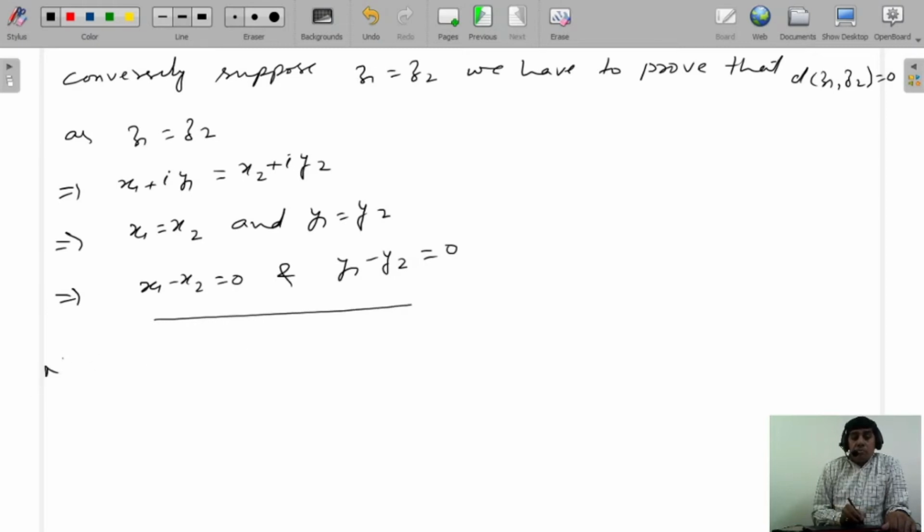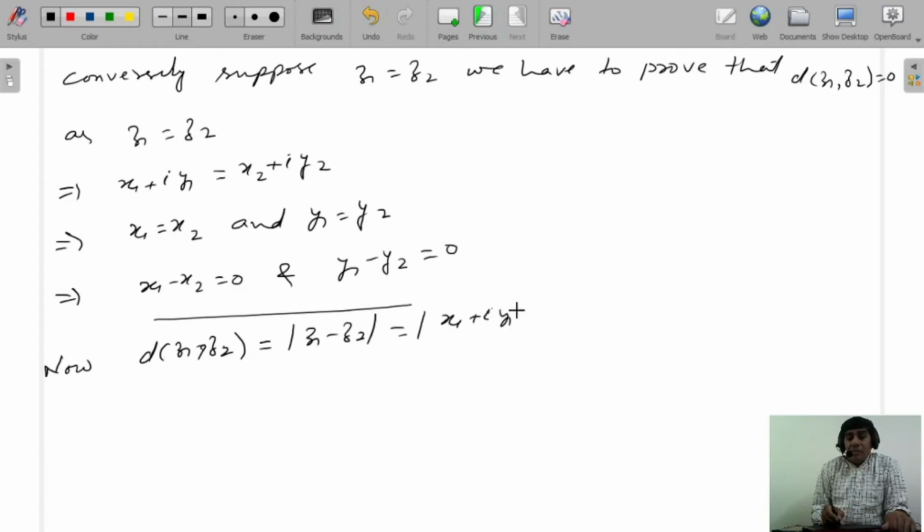Now d(z1, z2) is equal to modulus of z1 minus z2, which is equal to modulus of (x1 plus iota y1) minus (x2 plus iota y2), which is equal to modulus of (x1 minus x2) plus iota (y1 minus y2).